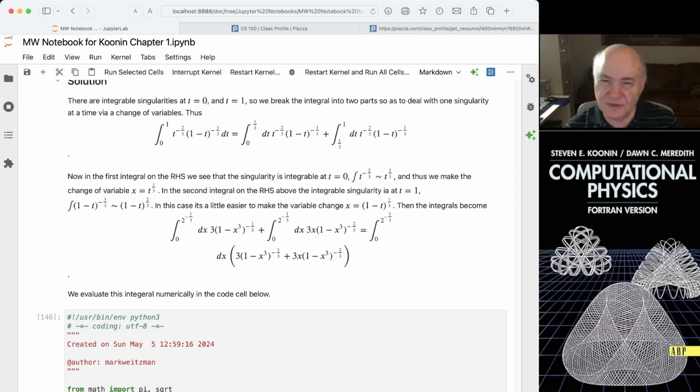Anyway, when you make these substitutions, which is routine calculus, you get two integrals. They now have the same integration limits, and you have these two functions.